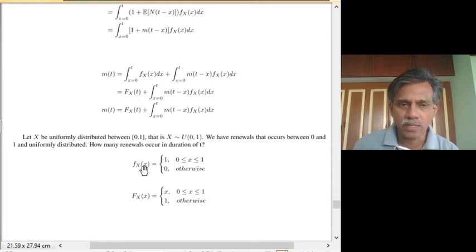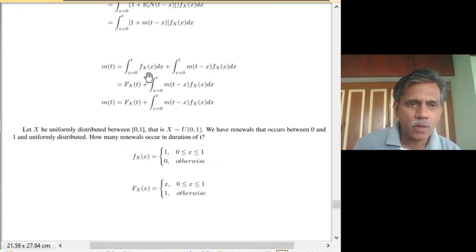Height is 1 so that it is normalized, and the CDF is a linearly increasing function starting from 0 at x equal to 0 going up to 1 at x equal to 1. So F_X(x) is x between 0 and 1, and it is 1 beyond that. It will be 0 for x less than 0. Of course, that is to be mentioned.